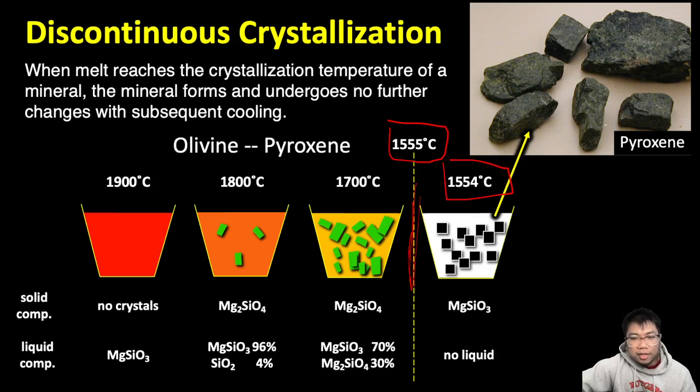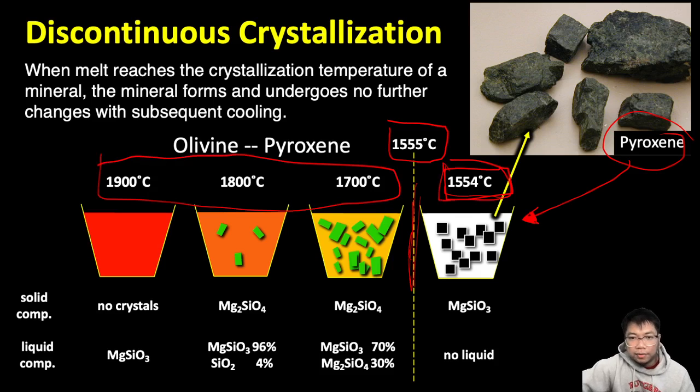The type of mineral that will form at 1554 degrees Celsius is actually pyroxene. So pyroxene will start to solidify at a lower temperature than these temperatures. That is what we call discontinuous crystallization. First we have olivine, and then at a given temperature, in this case 1554 degrees Celsius, it will simply change the mineral type from olivine to pyroxene.